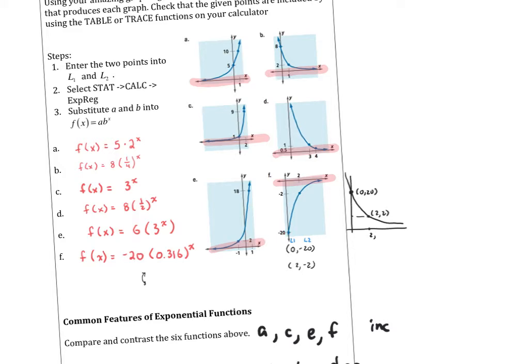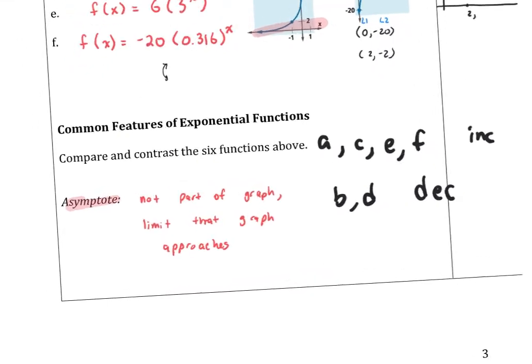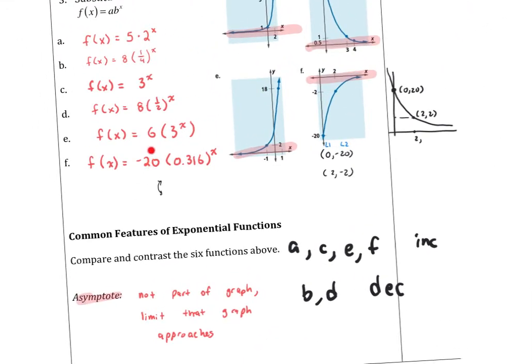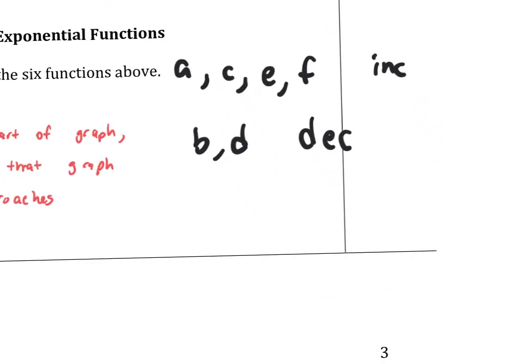So something that's common is that inside the function itself, we see where the y-intercept is. The y-intercept is the a value.